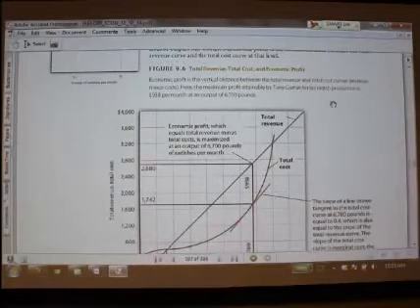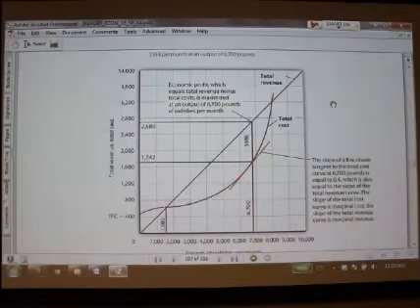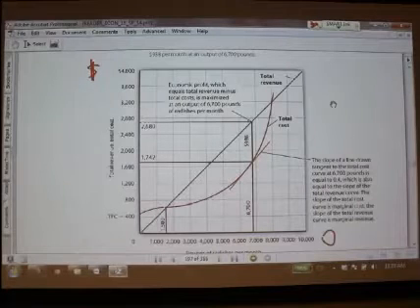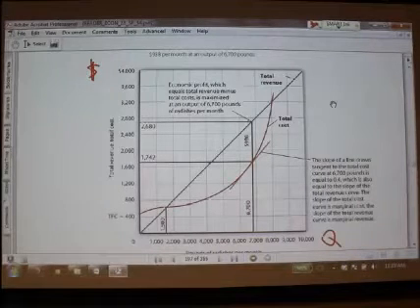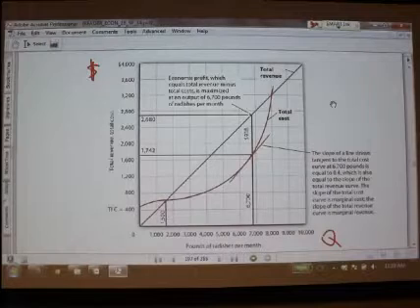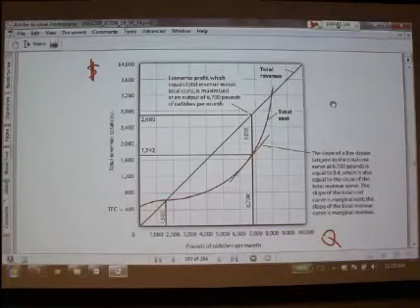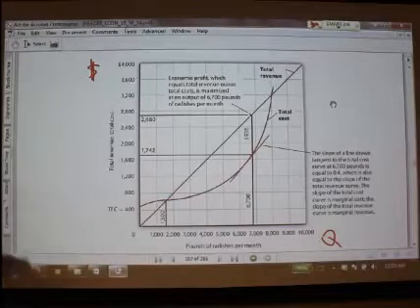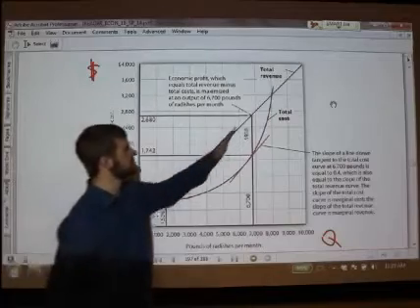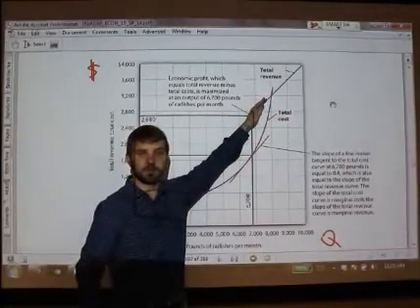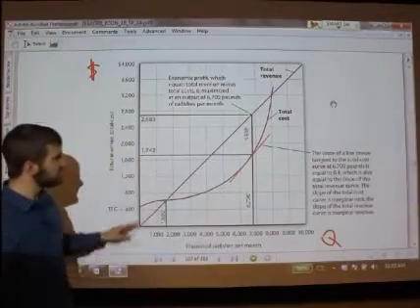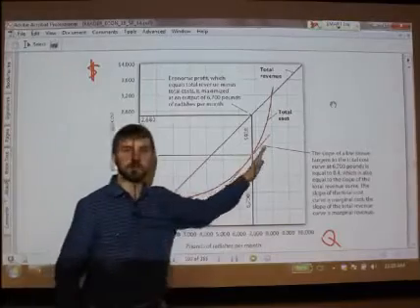Here we have figure 9.6. Notice on the y-axis we have dollars, and here we have Q. Then we are plotting total revenue and total cost. So recall from the last figure, total revenue is just an upward sloping straight line. Right? Total cost has this nonlinear shape.